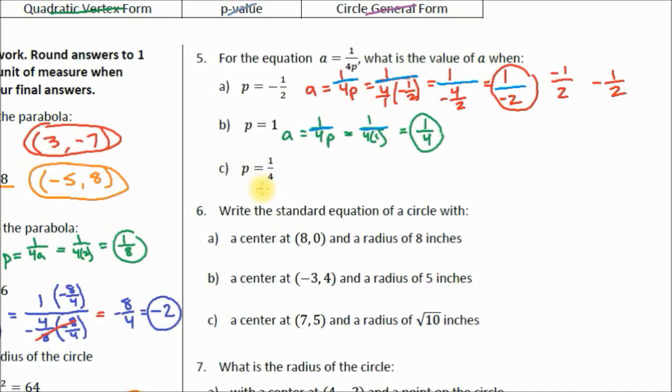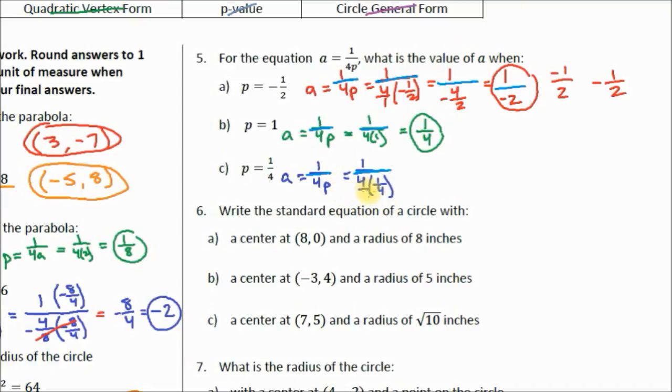And letter C, what if p is equal to 1/4? All right, a equals 1 over 4p, which is equal to 1 over 4 times 1/4. Let's make sure we can see again that we're dividing this fraction up clearly so we don't get the numbers on top and bottom confused.